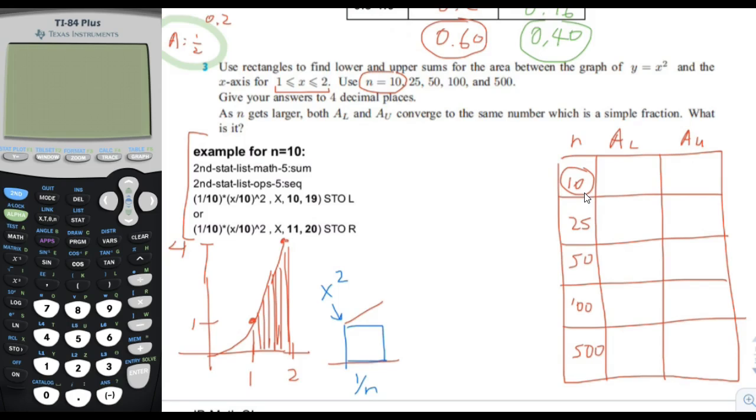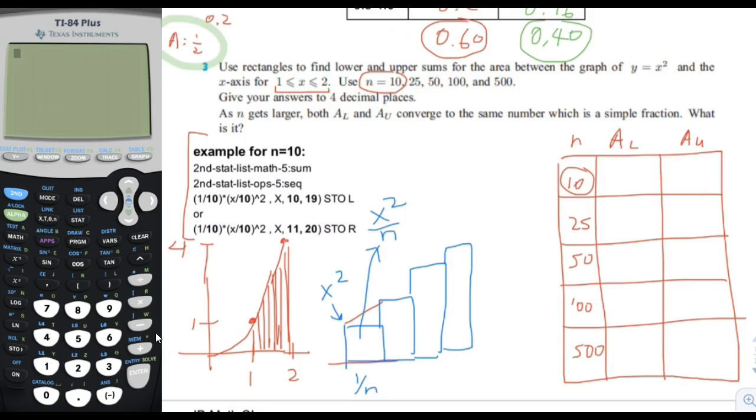The way we do this is we are going to make an expression for each one of these rectangles, a general expression. So all these areas can be expressed as x squared divided by n.